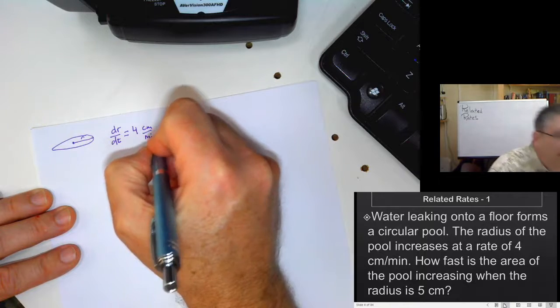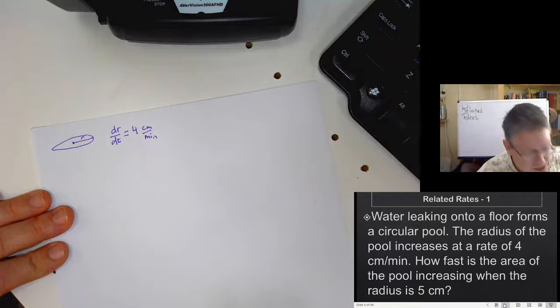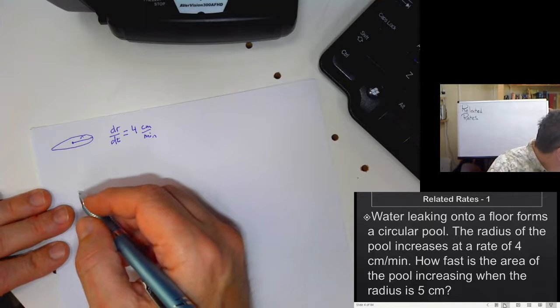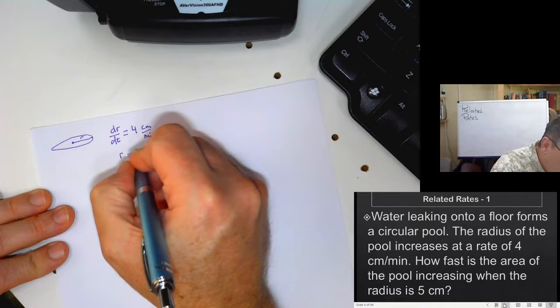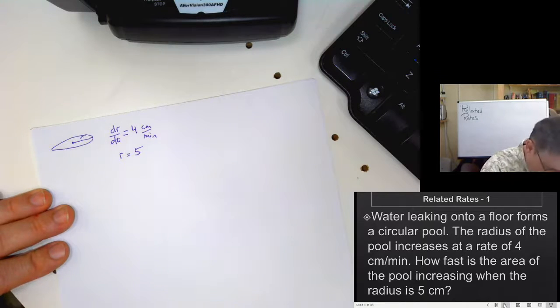And now it's a related rates problem, right? So we need to relate the rate of change of the radius to the rate of change in the area, right? So how do you get the area? And then we're doing this when r equals 5. That's the time frame we're actually looking at, right?